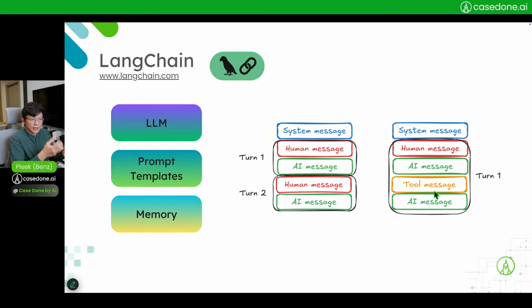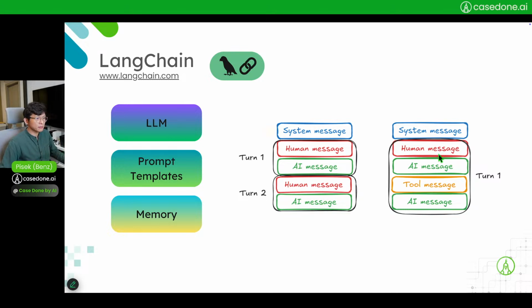Agents are an AI that we provide tools for it to do something, like calculate this for me. So that AI is going to call a tool, a calculator tool, and once it gets an answer from the calculator, it will then provide the final response to the human. So this is the second type that we know most of the time.